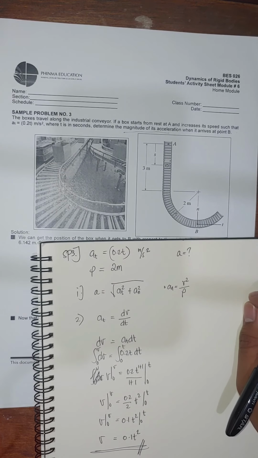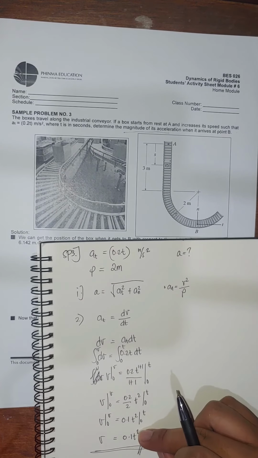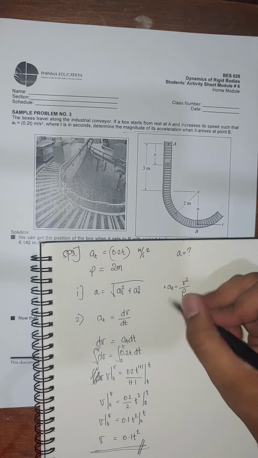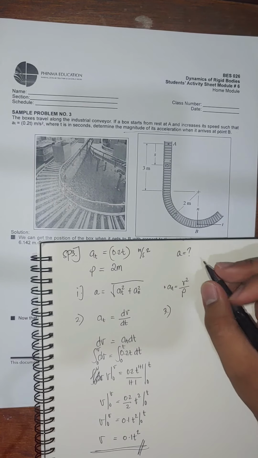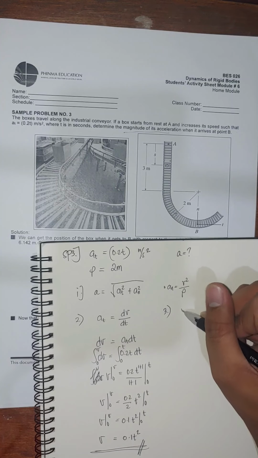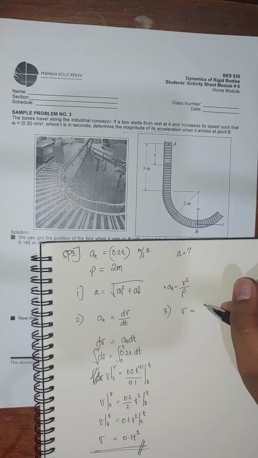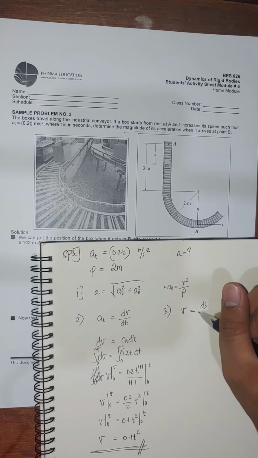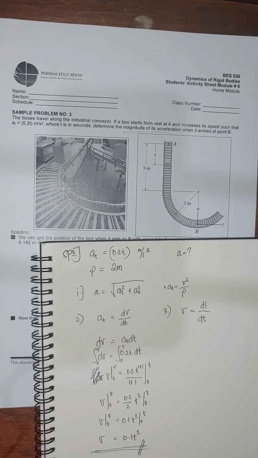What else can we get? If you recall, the relationship of velocity with the position s is that velocity is the derivative of the position with respect to time.